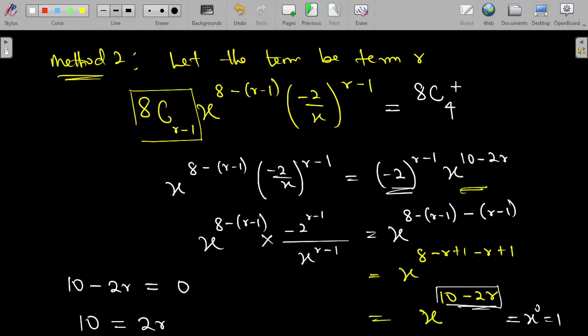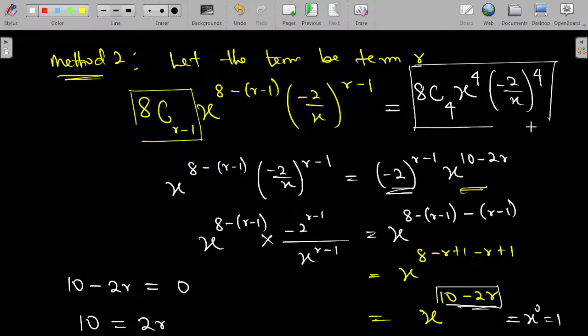Then here I will have x to the power of 4, and 8 minus 4 will give me 4, into the bracket of minus 2 all over x raised to the power of 5 minus 1, which is also 4 again. So this is exactly what you need, to get the term that is independent of x.